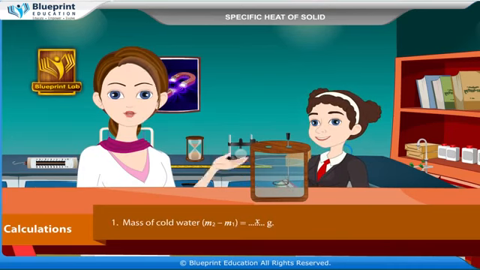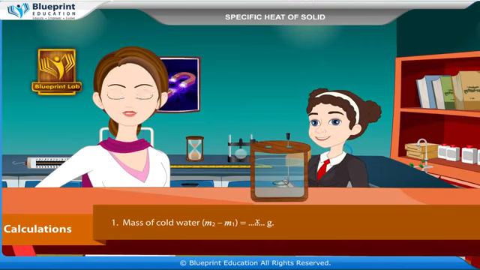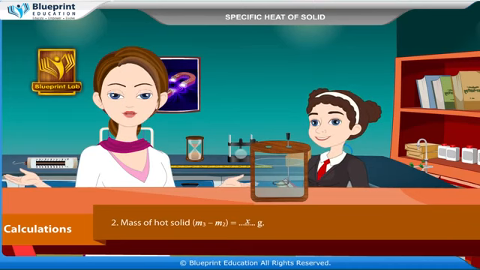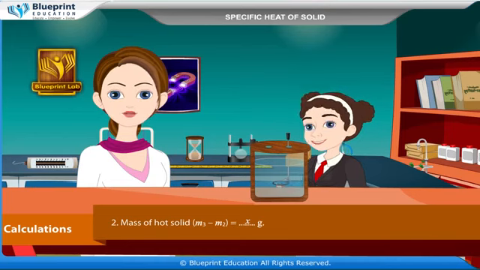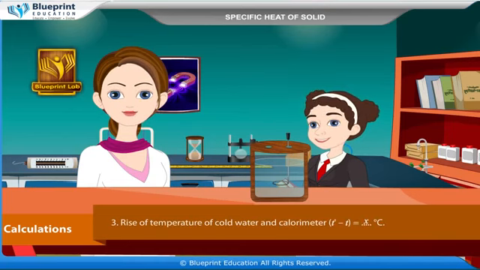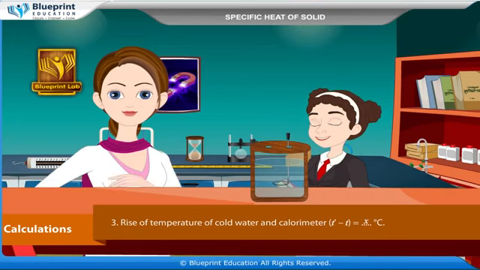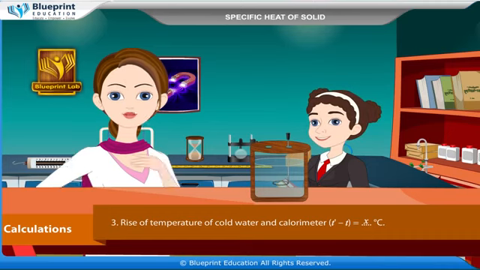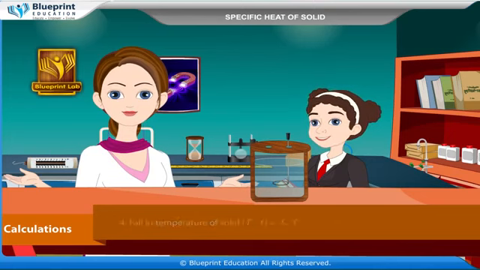Calculations. Mass of cold water, M2 minus M1, is equal to X gram. Mass of hot solid, M3 minus M2, is equal to X gram. Rise of temperature of cold water and calorimeter, t dash minus t, is equal to X degrees Celsius.